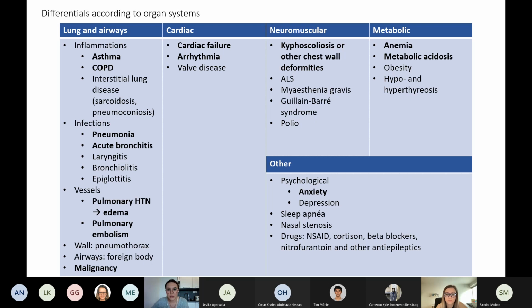And with regards to the drugs that can cause dyspnea, there is one that you absolutely have to remember, even for pharmacology. That is the amiodarone lung. Amiodarone is an antiarrhythmic, and it has a side effect of causing lung fibrosis, like an interstitial lung disease, and that can over time cause dyspnea.